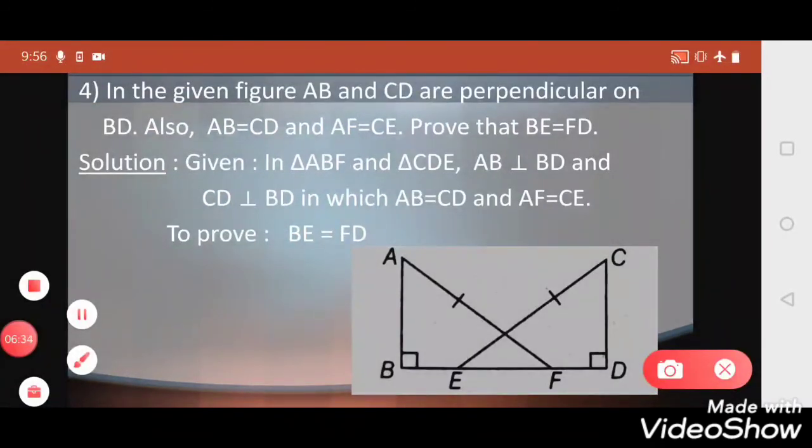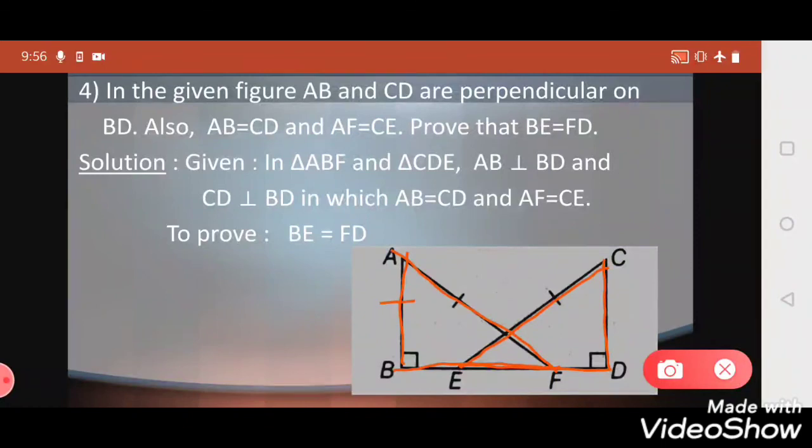So, proof, we have taken in triangle ABF. This is our triangle ABF. And in triangle CDE, we have taken two triangles ABF and CDE. First, already it is given AB equal to CD. This is given. Also, it is given that AF equal to CE and angle ABF equal to angle CDE equal to 90 degrees, since AB is perpendicular to BD and CD is also perpendicular to BD.